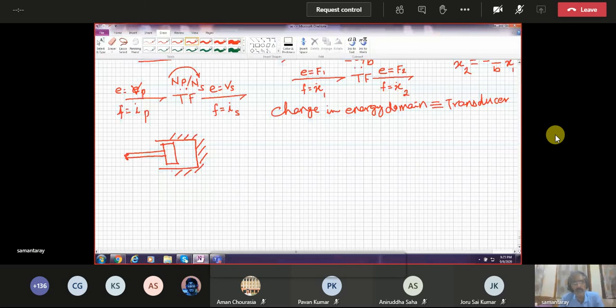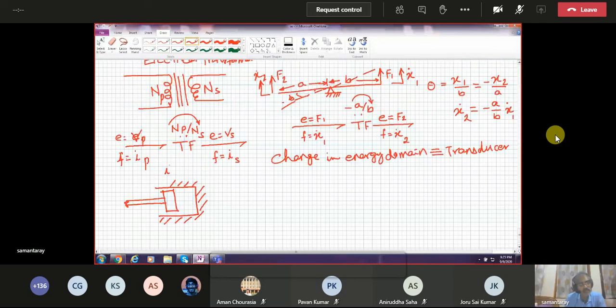So note that here for this electrical thing, we have IS equal to the transformer modulus mu times IP, and VP is equal to mu times VS. Okay, it's opposite. If current is scaled from the IP side to the IS side, then the voltage is scaled from the secondary side to the primary side.